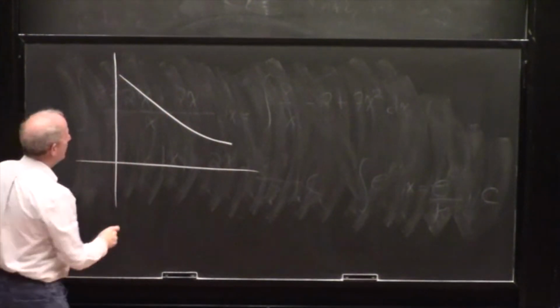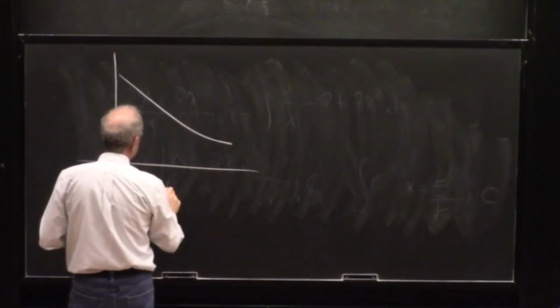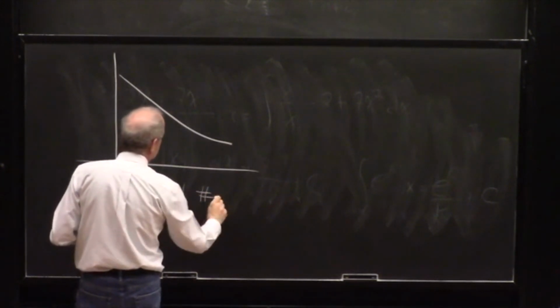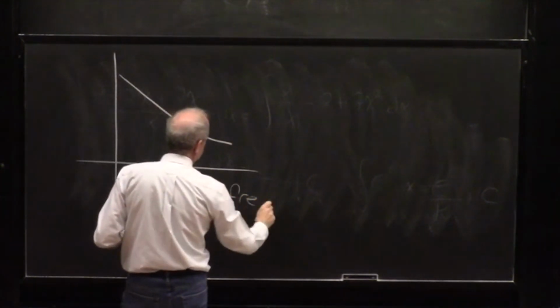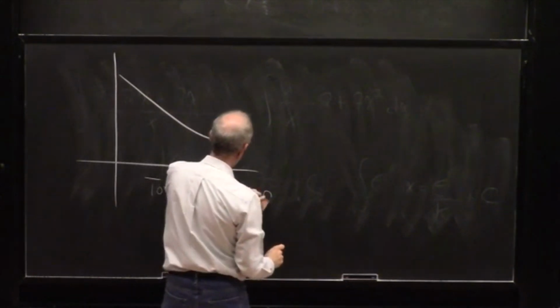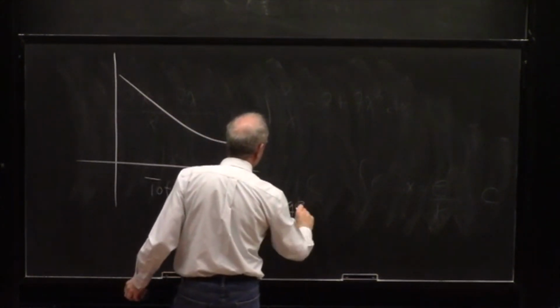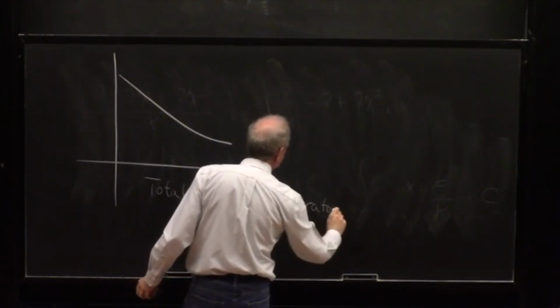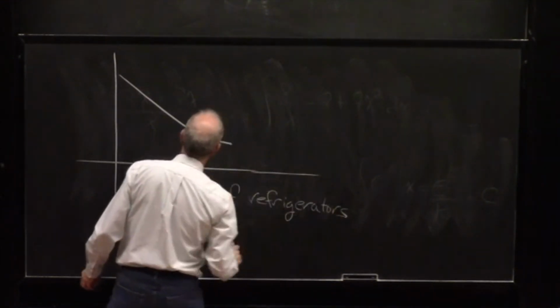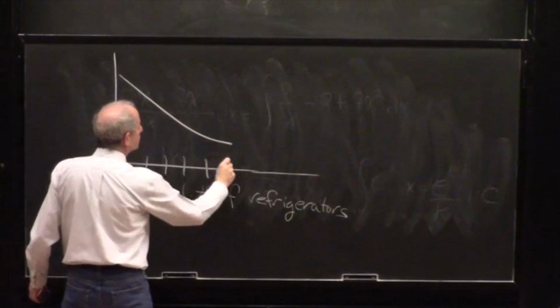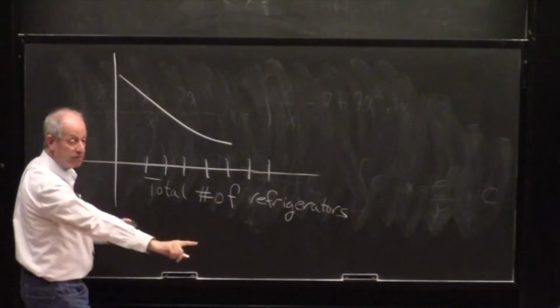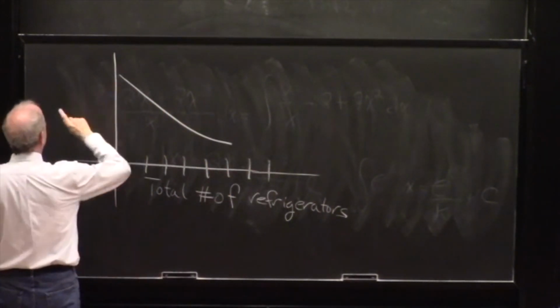And here you have the total number of refrigerators. Okay, so you're selling your refrigerators. So this is just a number. And here you have the marginal cost.